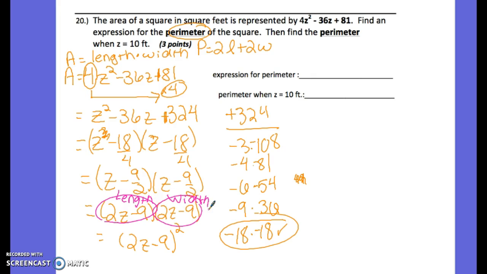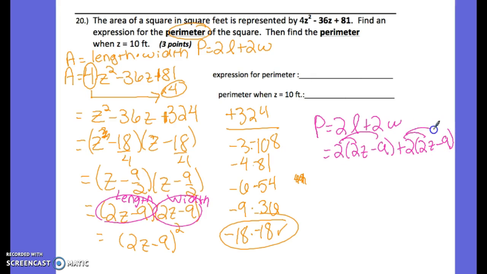So when I plug it in my perimeter formula, I know that P equals 2L plus 2W. So 2 times 2z minus 9 plus 2 times 2z minus 9. Go ahead and distribute, and you get 4z minus 18 plus 4z minus 18. 4z plus 4z is 8z.